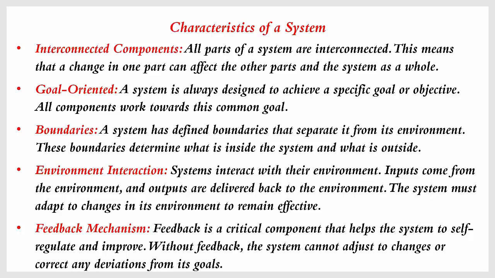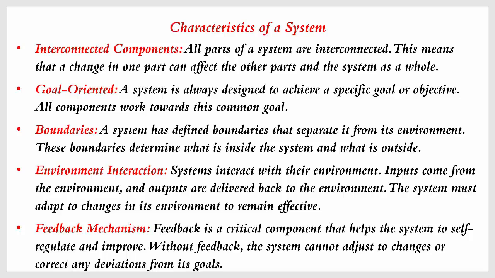Goal-oriented. A system is always designed to achieve a specific goal or objective. All components work towards this common goal. Boundaries. A system has defined boundaries that separate it from its environment. These boundaries determine what is inside the system and what is outside. Environment interaction. Systems interact with their environment.